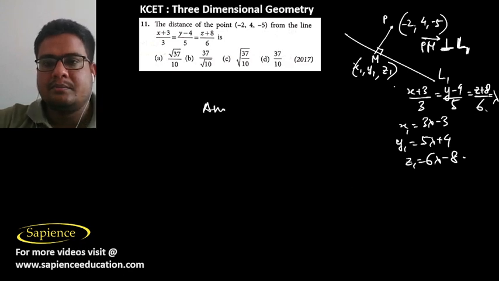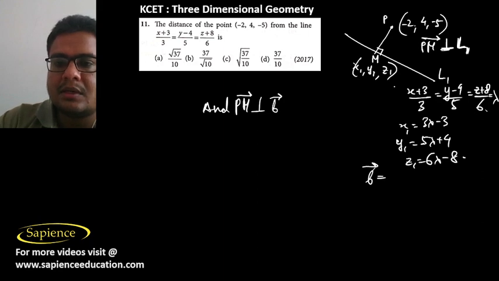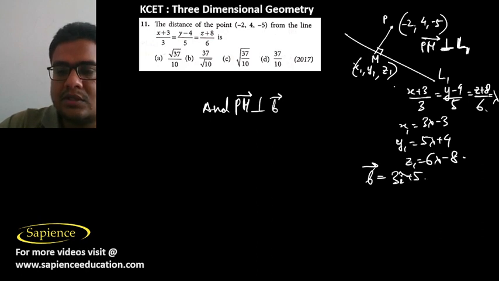And PM vector is perpendicular to line L1. So PM vector is perpendicular to the vector B also. But the vector B is the direction ratios along the line. B vector is the direction ratios along the line, that is 3 i cap plus 5 j cap plus 6 k cap.